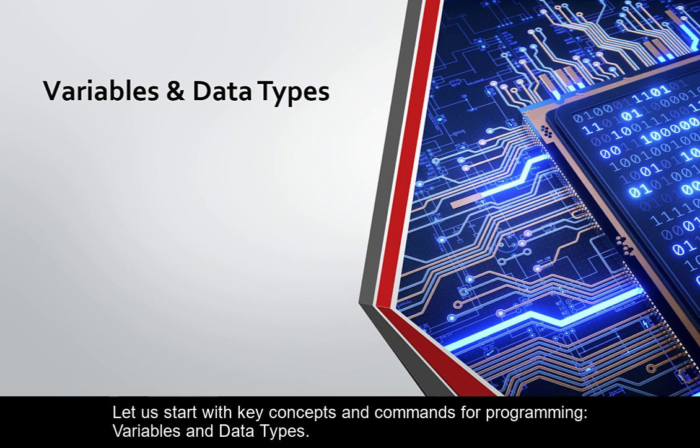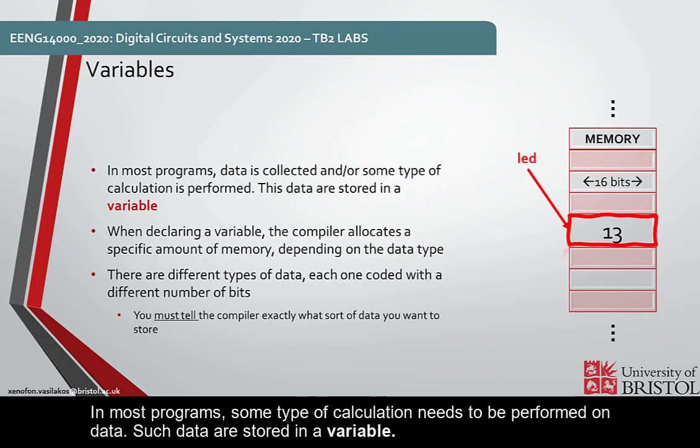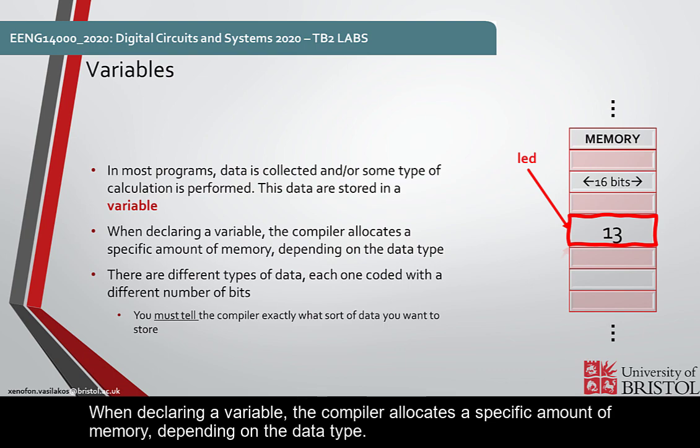Let us start with the key concepts and commands for programming, variables, and data types. In most programs, some type of calculation needs to be performed on data. Such data are stored in a variable. When declaring a variable, the compiler allocates a specific amount of memory depending on the data type.